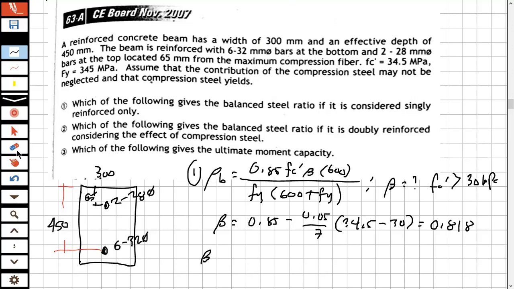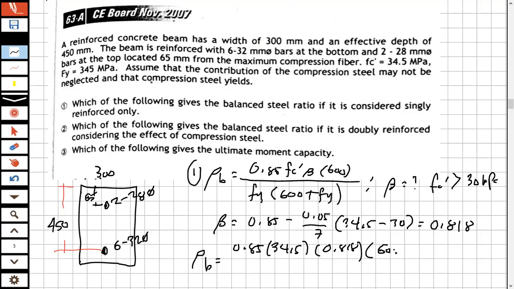Steel ratio at balanced condition. Let us substitute 0.85, FC prime is 34.5. You have beta that we computed, 0.818 or 0.82.